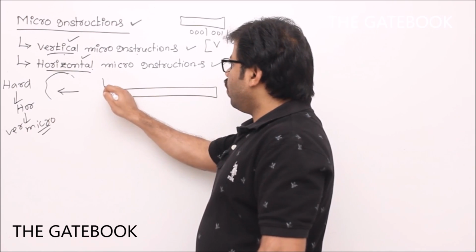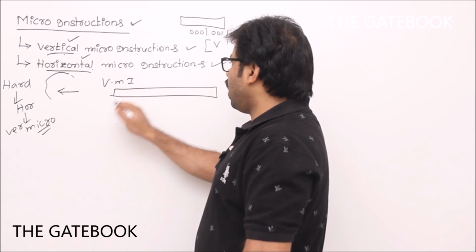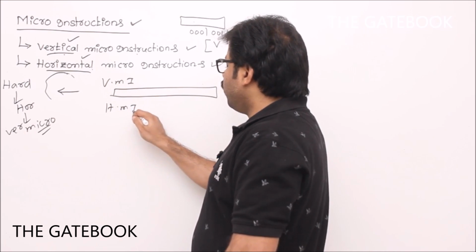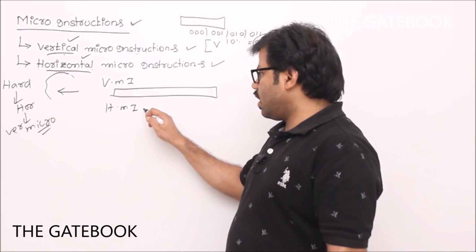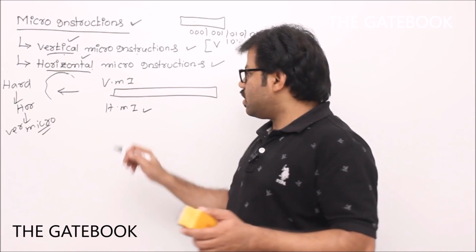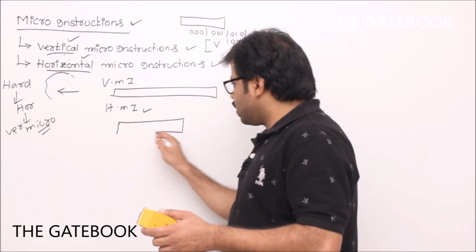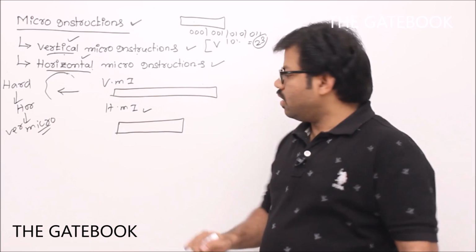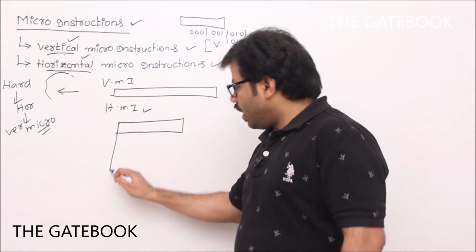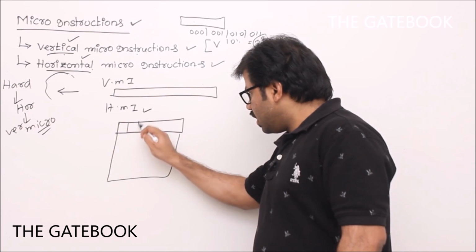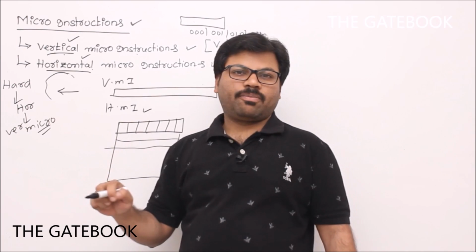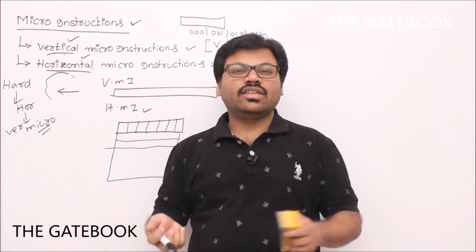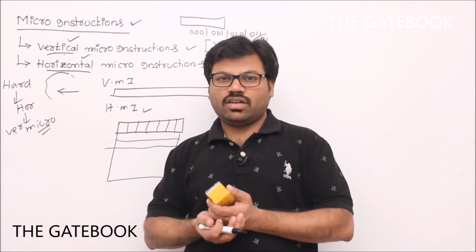If you take vertical and horizontal micro instructions, which one will be relatively lengthier? Definitely horizontal, correct? So the vertical micro instruction will look like this. Because we keep these instructions in the memory, memory size will be decreased. When memory size is less, then access will be faster. That is the idea.